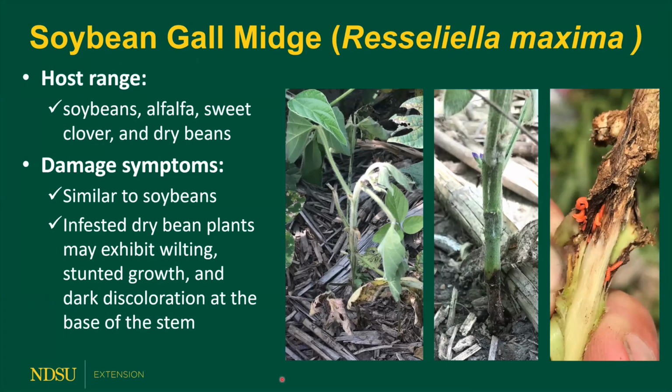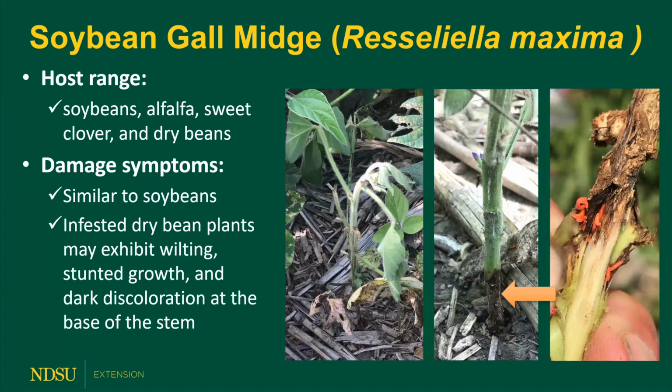Another new one is soybean gall midge. This one has mainly been a pest of soybeans, but recently it was found in dry beans as well. And it has the same characteristics on dry beans as it does on soybeans. You can see wilting, and then if you notice a darkening discoloration and necrotic tissue, it almost looks like a disease.